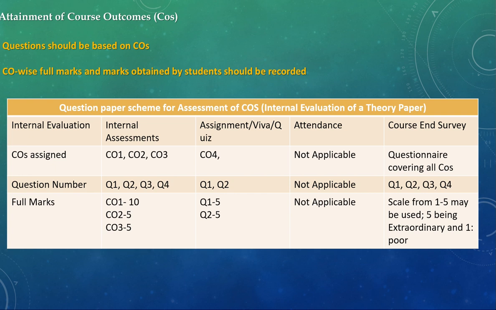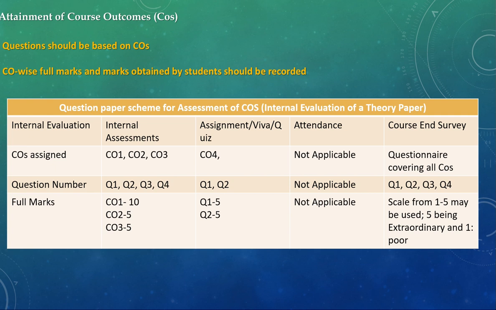Similarly, for assignment, question number 1 or 2 was based on CO4. It is important because we need to keep in mind the full marks we assign for the COs. It is with the COs we shall be dealing, not the question marks.